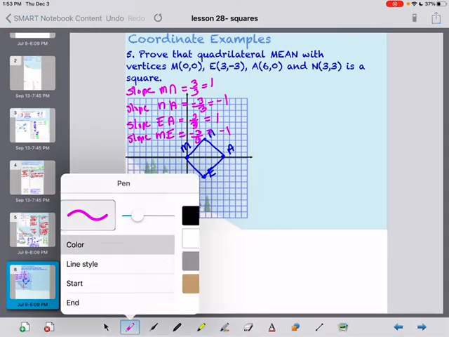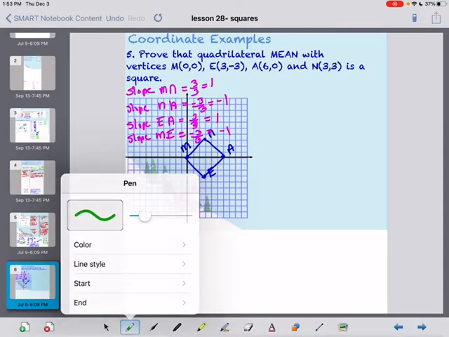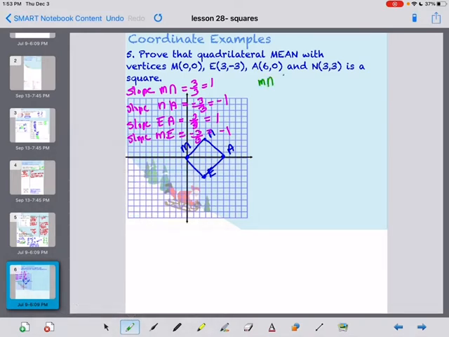So now I need some conclusion sentences. So MN is parallel to EA because they have the same slope. NA is parallel to ME because they have the same slope.